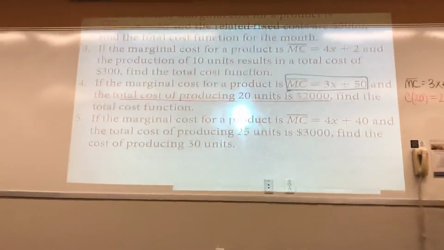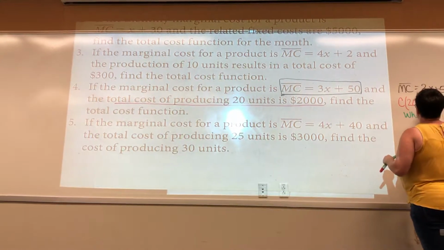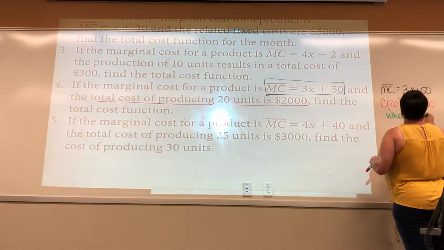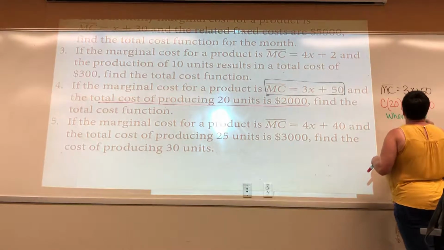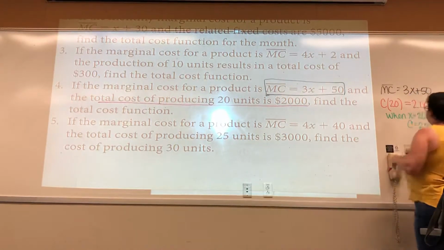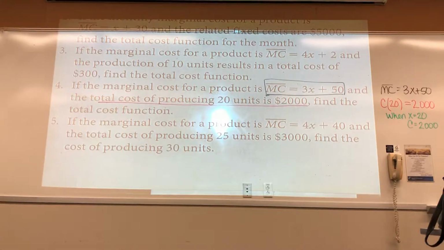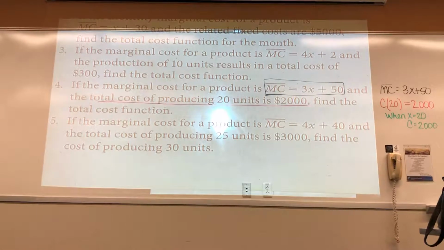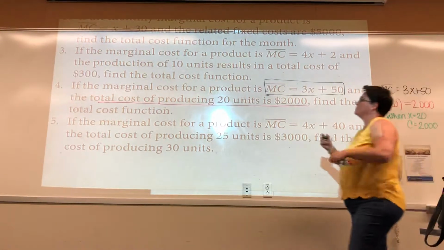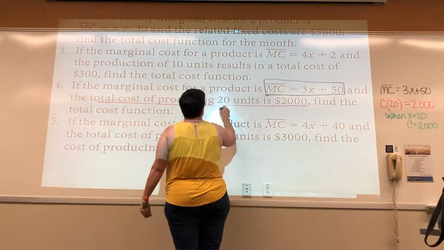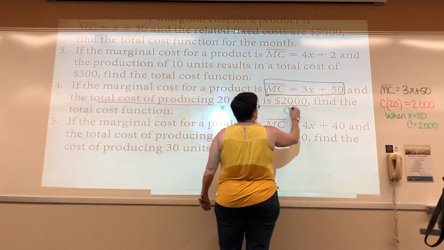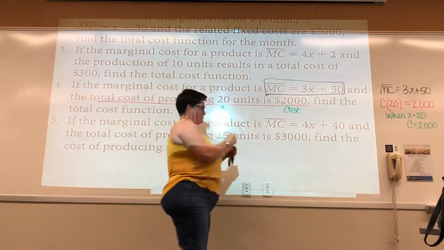Another way of saying this is when X equals 20, cost equals 2,000. If this is an easier way for you, totally cool. So this is my X and this is my cost.